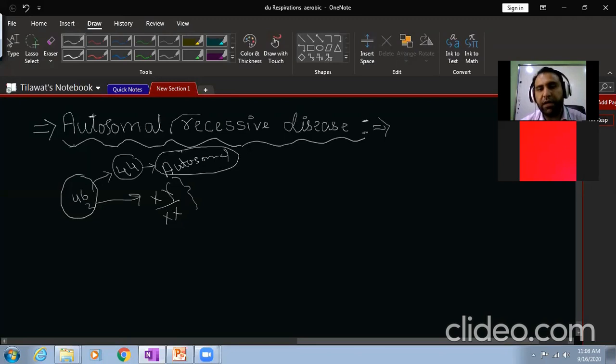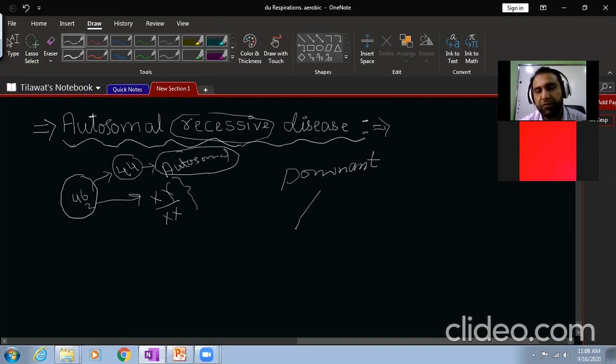Now, why do I use the word recessive here? Recessive means that gene is normally in dominant form, like in the form of a capital letter.